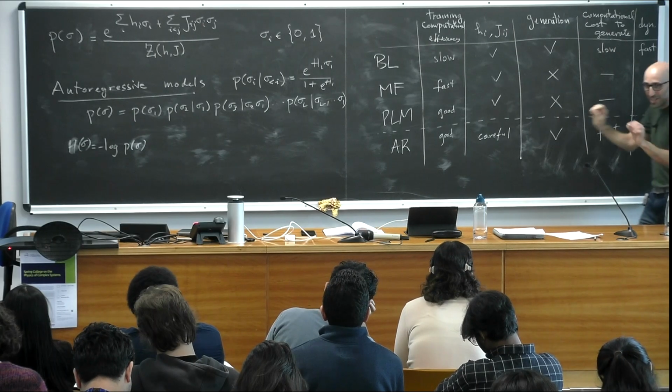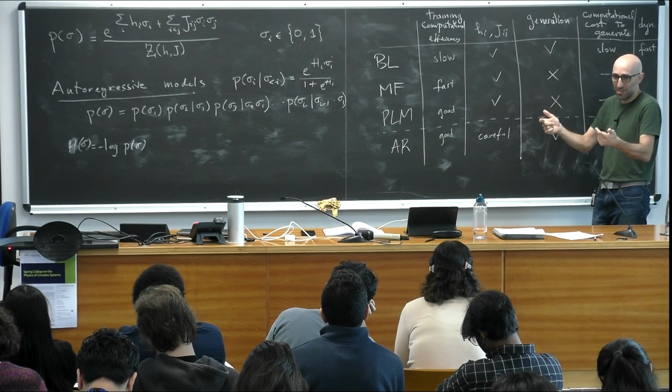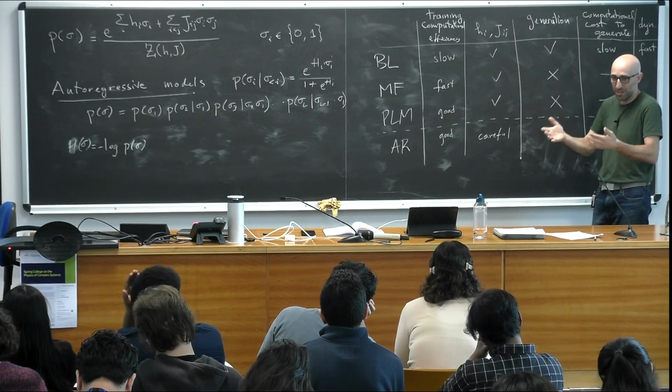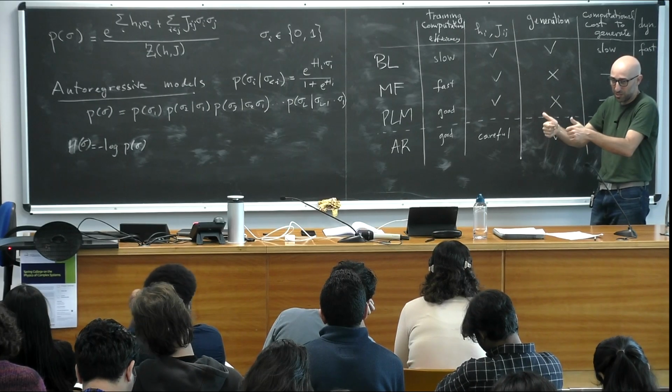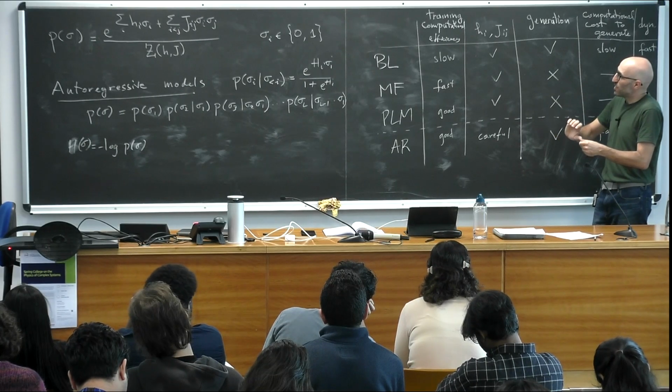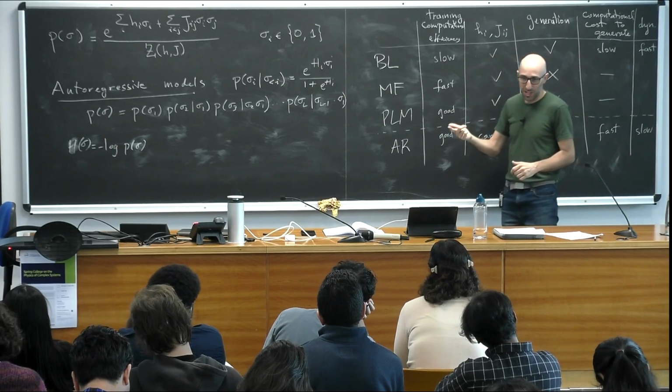But instead, if you already have a state and you want to propose mutations to that state, for example, I will show you in proteins, this can be a way to model evolution. So I start from a protein I know, and I want to propose mutations. So I have a state, I change one spin. How does the probability change?